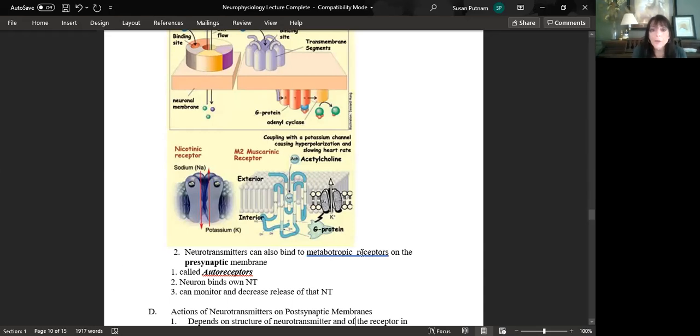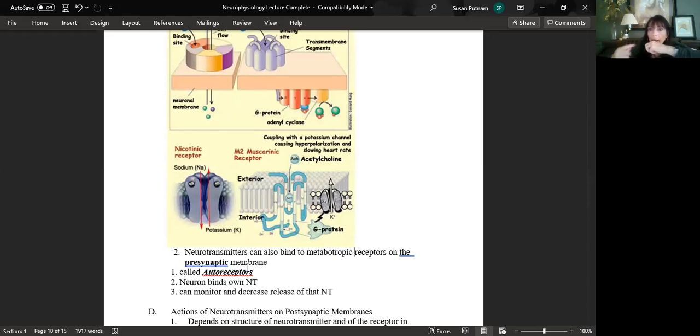So, neurotransmitters can also bind to receptors on the presynaptic membrane. Wait a minute. Here is the neuron that is releasing neurotransmitter molecules into the synapse. And here is the postsynaptic neuron that can be activated by these molecules.